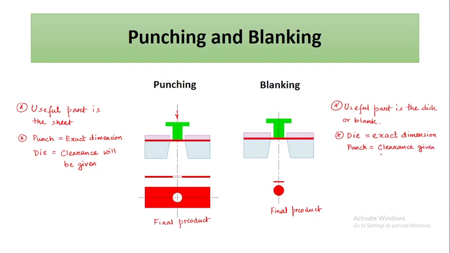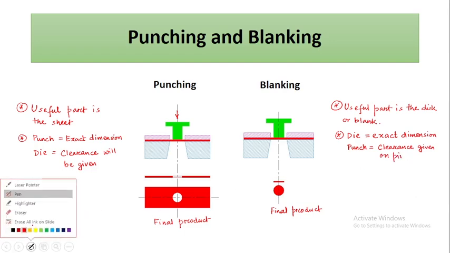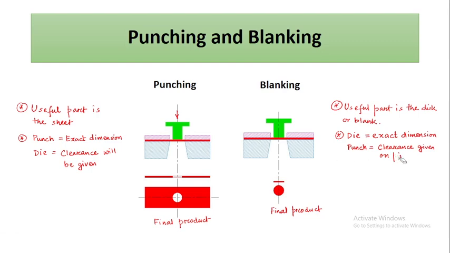Okay. In this way you need to remember where you have to put the clearance. In case of punching, the punch will have the exact dimension. In case of blanking, the die will have the exact dimension.